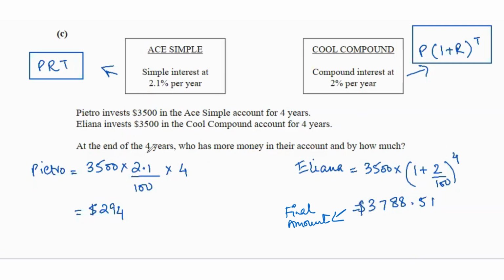So they're asking at the end of the 4 years who has more money. So final amount for Petro is going to be 3,500 plus 294, which is going to equal $3,794.